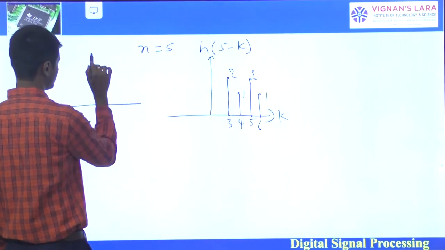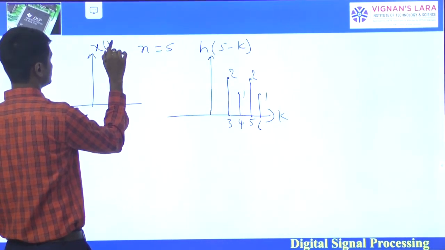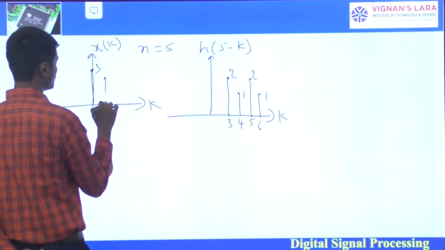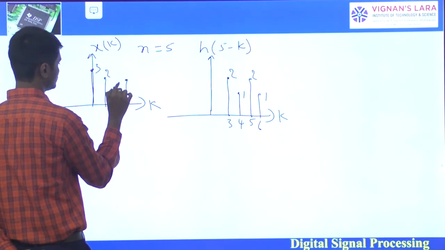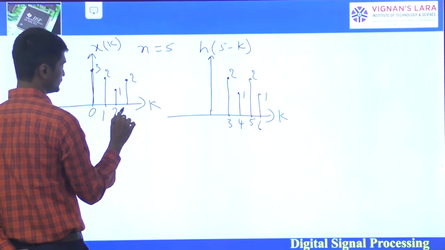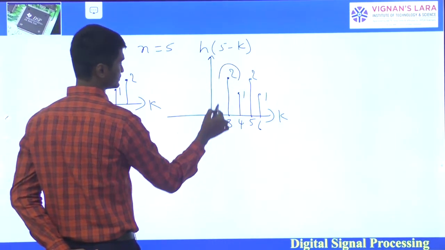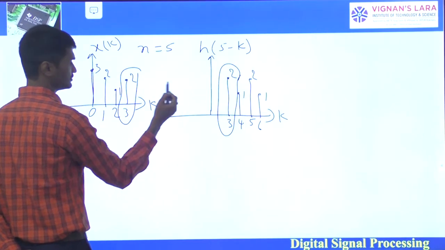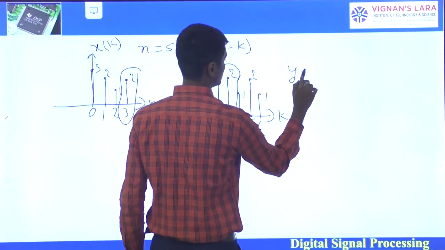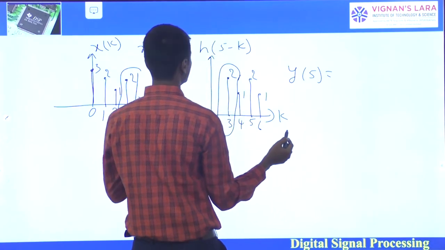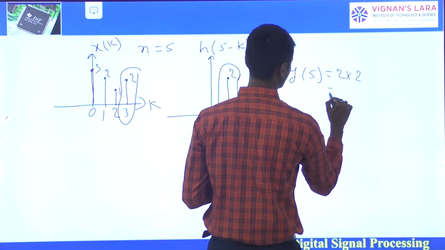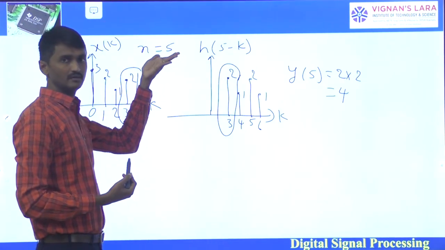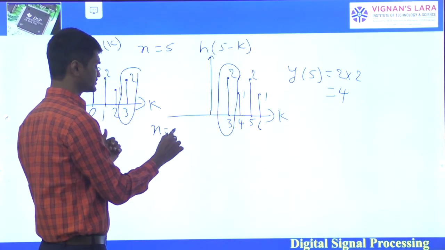Then x of k is 3 2 1 2. So only the sample at 3 overlaps, and the remaining are all zeros. So y of 5 is equal to 2 into 2, which is 4.